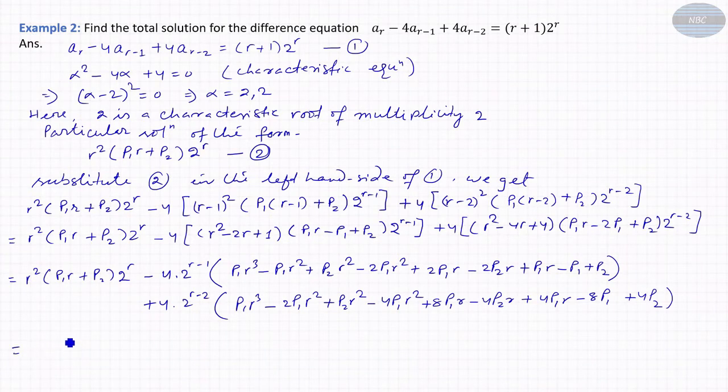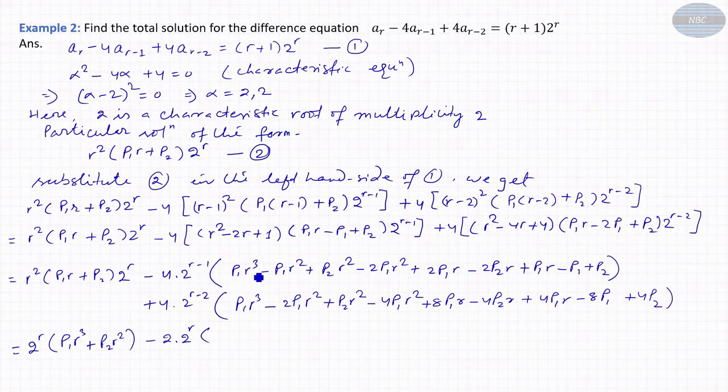So let us bring back here. So this is 2 to the power r, multiply this r square with this term, we'll get p1 r cube plus p2 r square. Okay, now this is 2 to the power r minus 1, which is equal to 2 to the power r divided by 2. So 2 and 4 will cancel out, it will become 2 into 2 to the power r. Okay, then let us simplify this one.